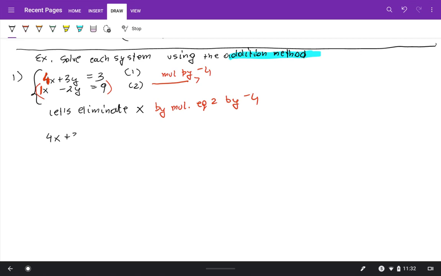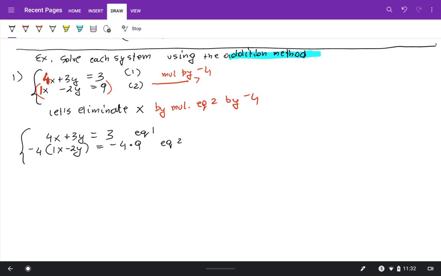This is 4x plus 3y equals 3. Again, equation 1. And the second equation, we multiply the left side of the equation and the right side of the equation by -4. So let me simplify that.